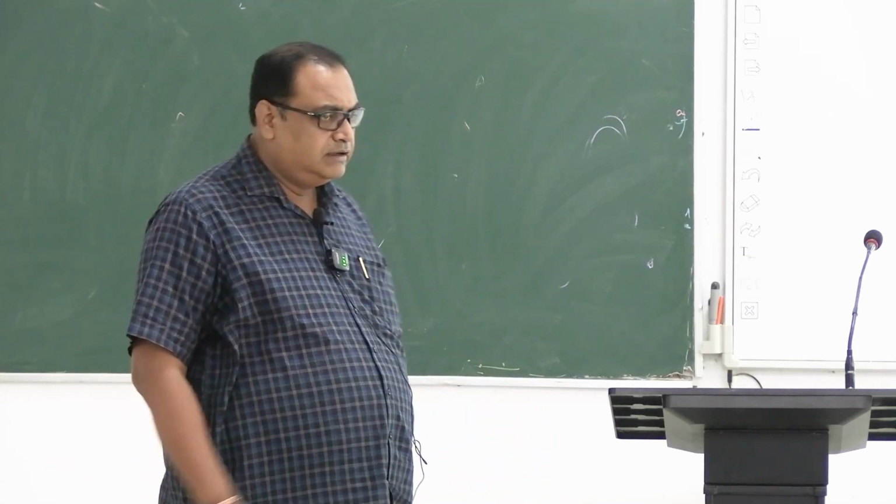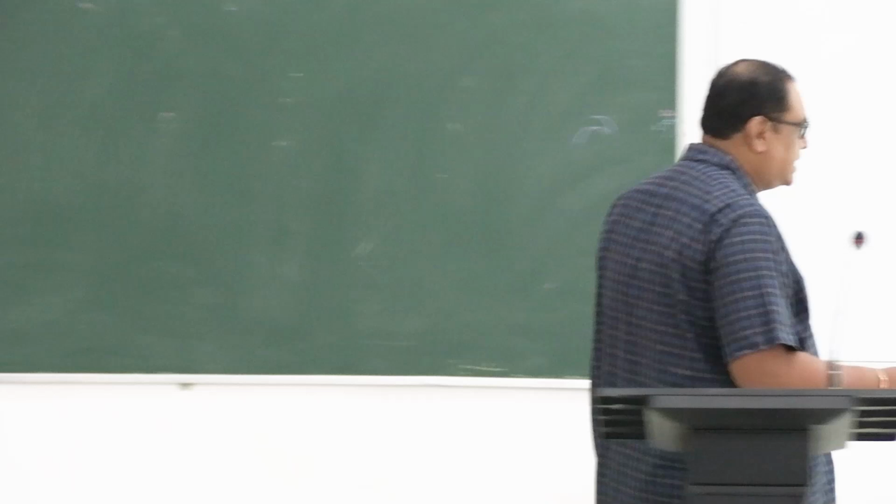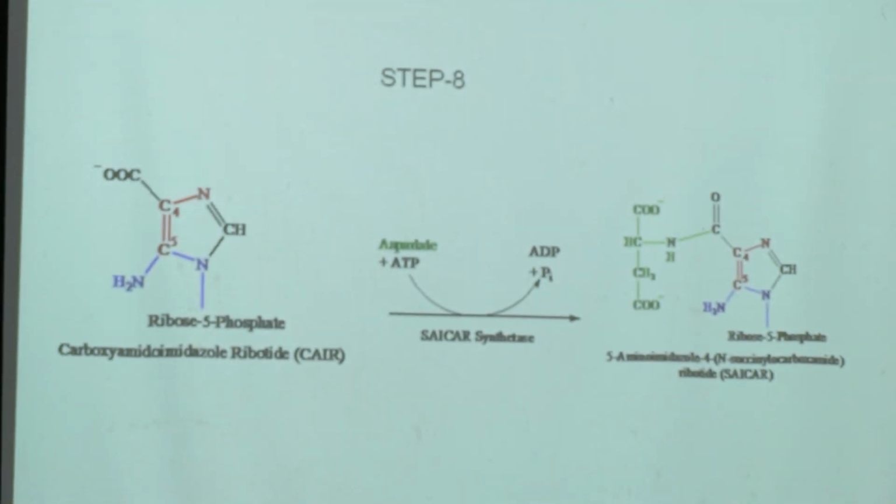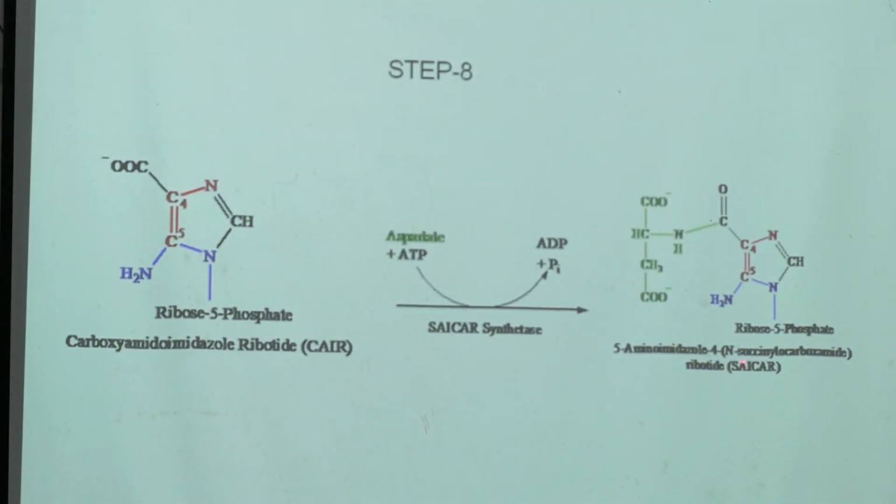If you don't look at this nitrogen, the amino group of aspartate, what is this compound? This is succinate. So, as if it is a succinate group attached to the nitrogen of the amide of the carboxamide, and that's why it is written 5-aminoimidazole, 4N-succinylo carboxamide ribotide. Right? This is how it is named. You know how it is named, you know the structure, that will be easier to remember, and to understand the things. Okay. So, SAICAR, 5-aminoimidazole, 4 within bracket N-succinylo carboxamide ribotide. Next.